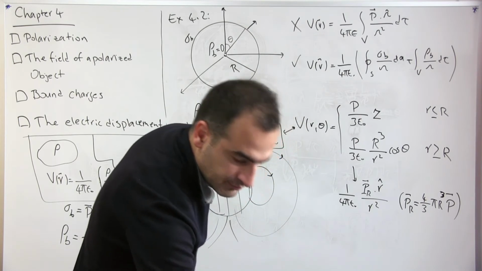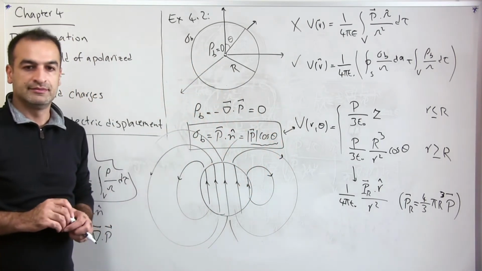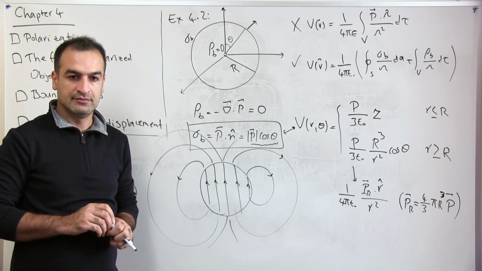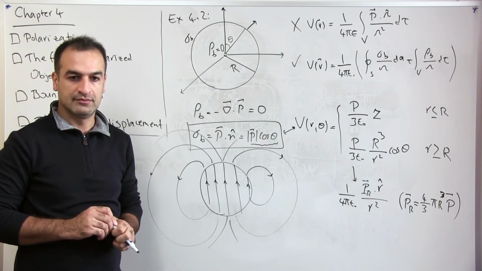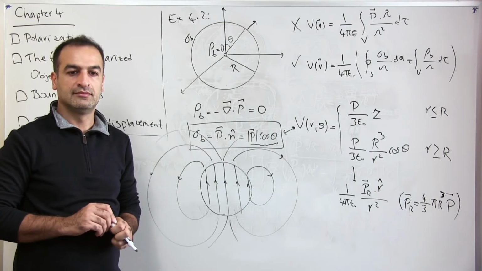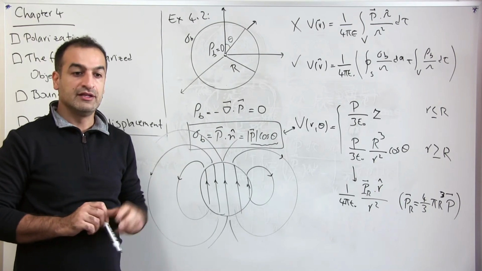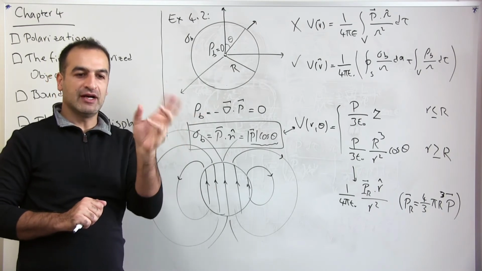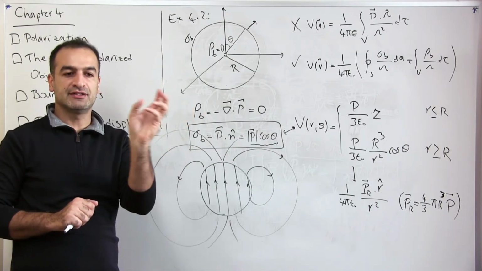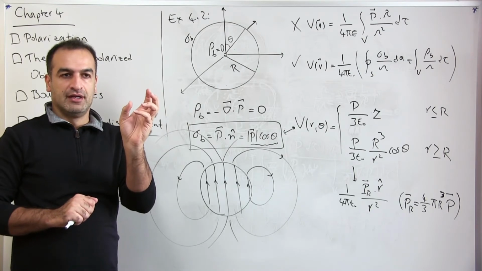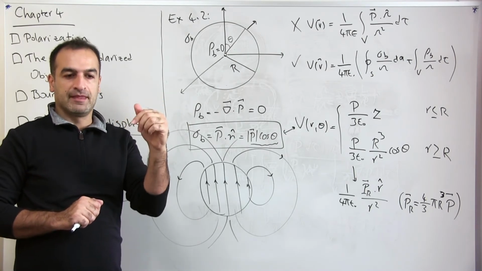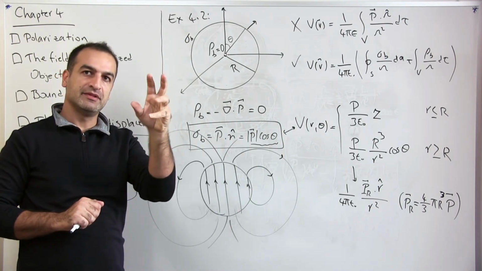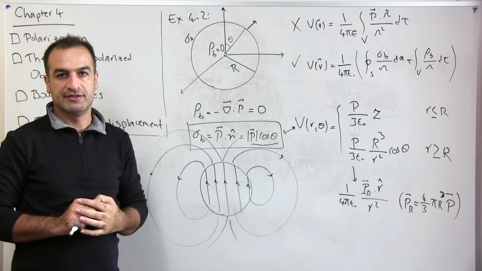I do have a question. Sure. So when you did integration by parts, you were able to bring a volume integral to a surface integral. Not at that step. When I did integration by parts, I had one term that had divergence of P over R, and using the divergence theorem, I made that volume integral a surface integral.